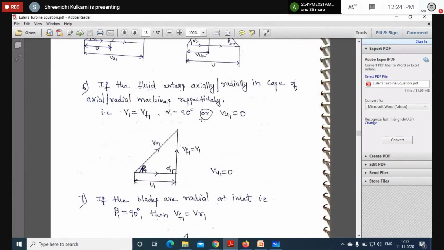Next, we'll come to the case where the fluid enters axially or radially, in case of axial flow or radial flow machines. Now my question is, what is this fluid enters?